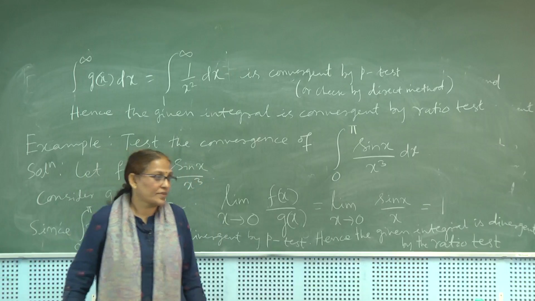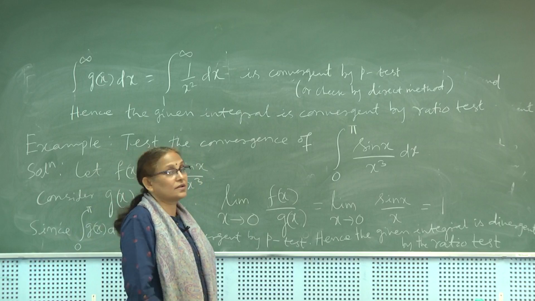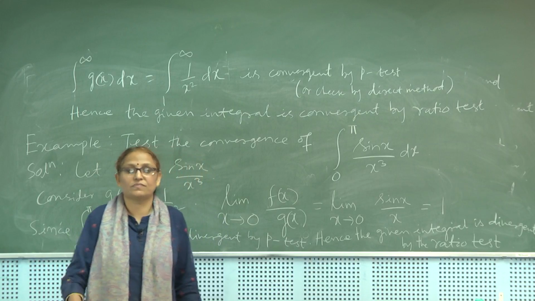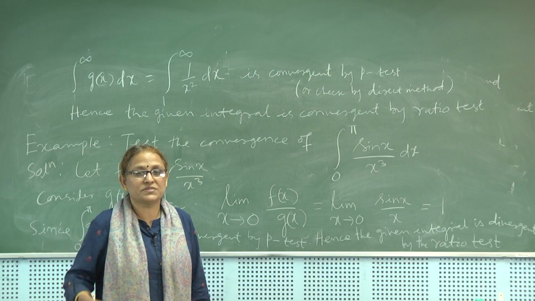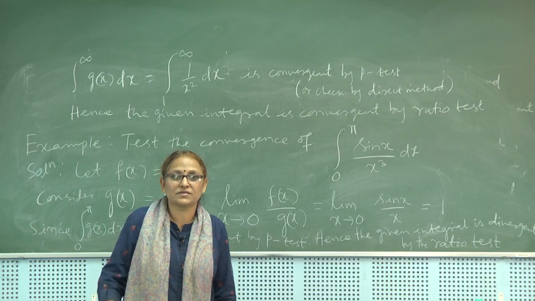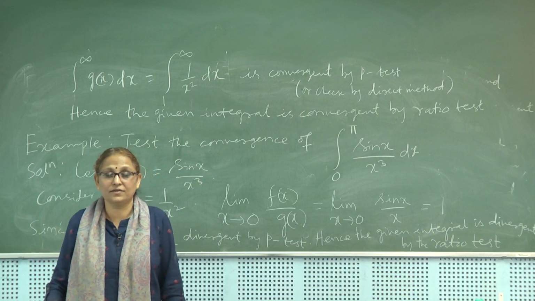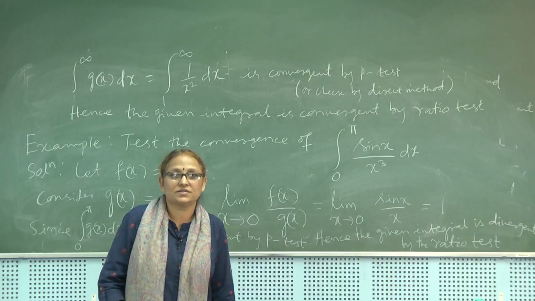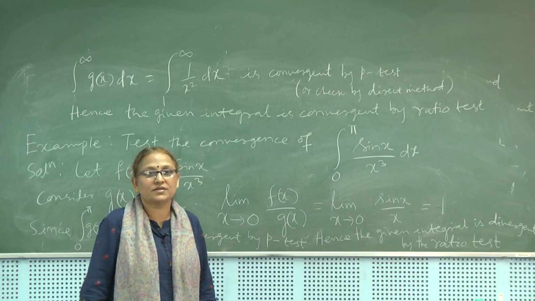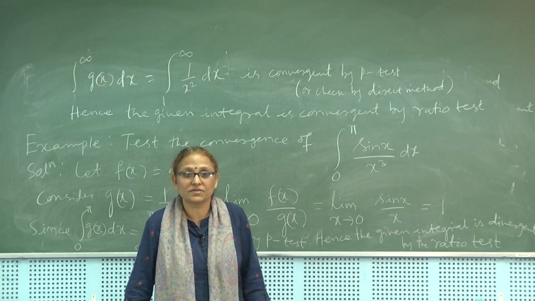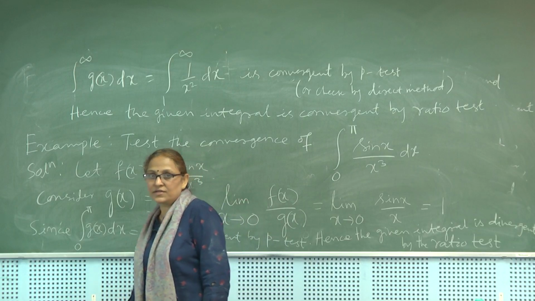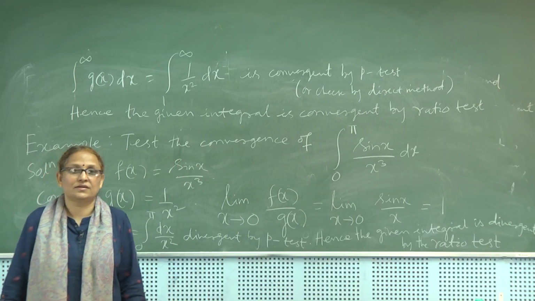Well, so today we discussed the tests of convergence of improper integrals, and we have seen various kinds of tests of convergence. Just recall once again the comparison test, the mu test, then the ratio test and the p test.